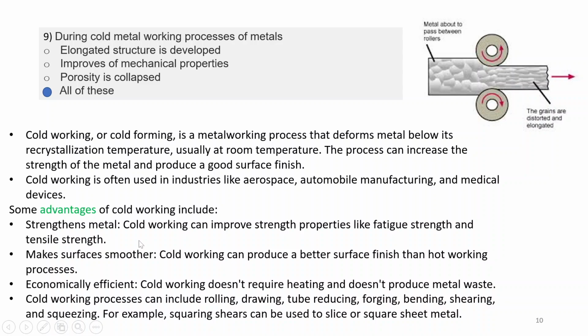It can improve strength properties like fatigue strength and tensile strength, and makes the surface smoother. Cold working can produce a better surface finish than hot working, and it is economically efficient. It doesn't require heating and doesn't produce metal waste. Cold working processes can include rolling, drawing, tube reducing, forging, bending, shearing, and squeezing.